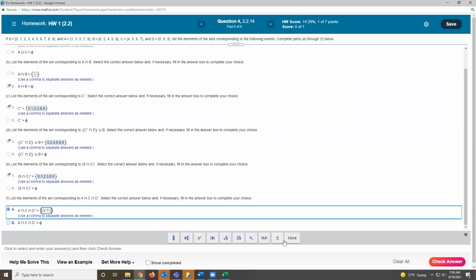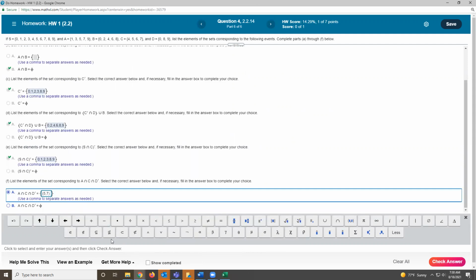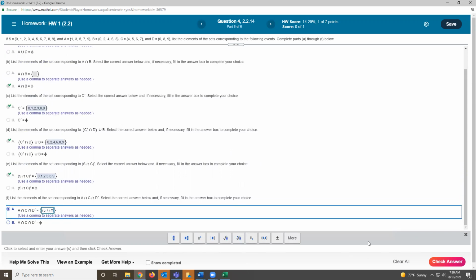And then intersection D complement. D complement, so D is 0, 8, 9. D complement is everything in S that is not in D. So S has 0 up to 9, but I won't write the 0 because 0 is also in D. So I write 1 through 7.